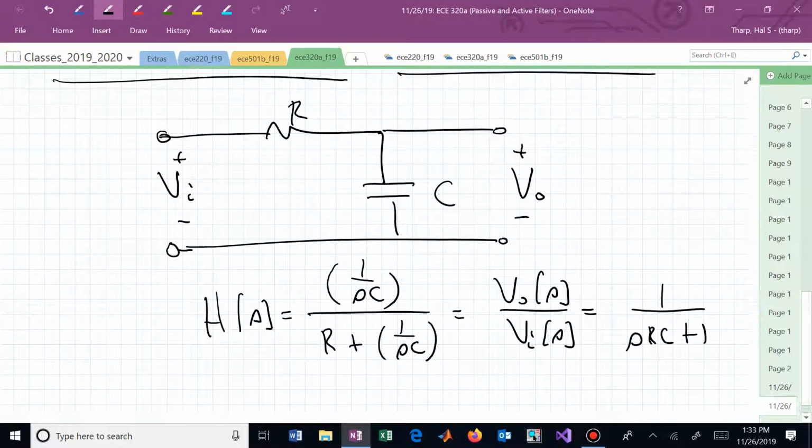Suppose that we said, oh, just worry about a normalized filter. Let's say it's normalized to have a pole at 1. That allows us to just think about R and C both equaling 1.